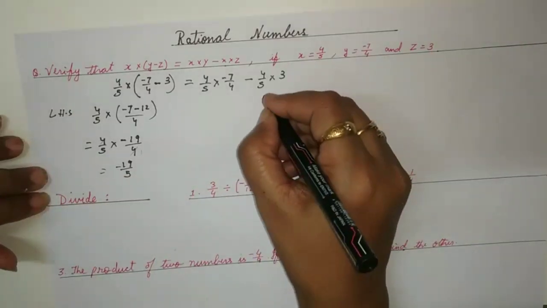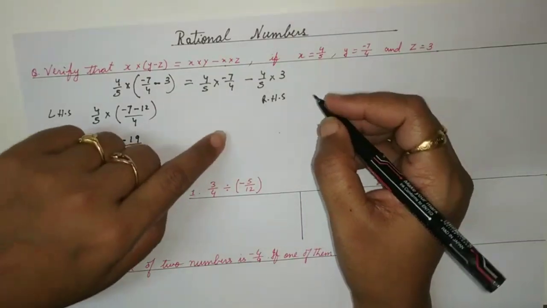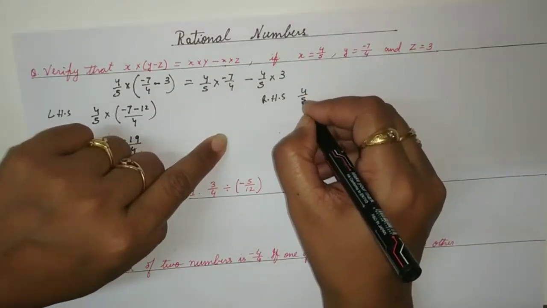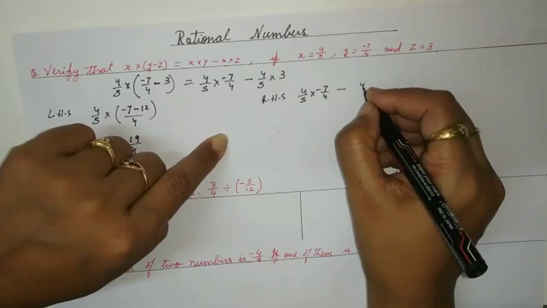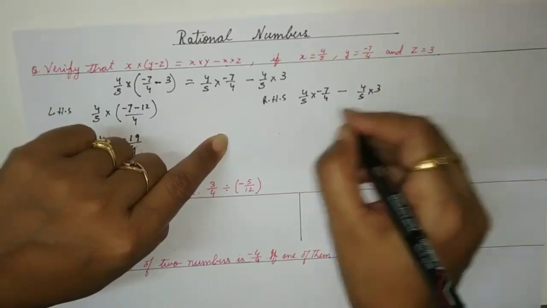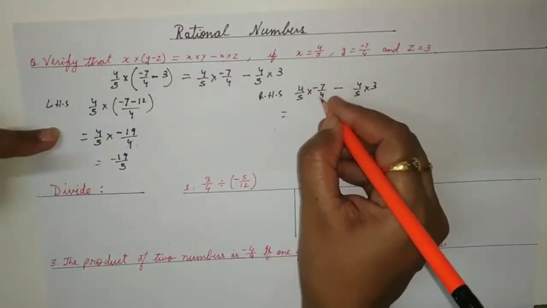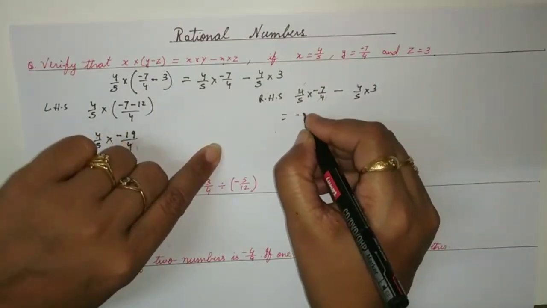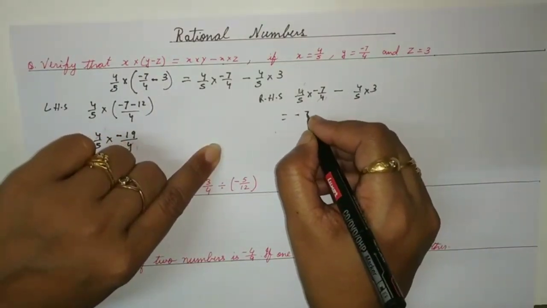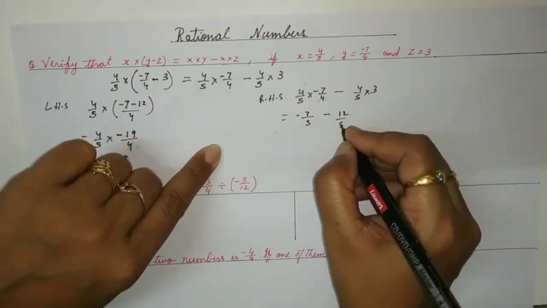Now if I have to do RHS, right hand side, the product is 4 by 5 into minus 7 by 4 minus 4 by 5 into 3. Again, the common number 4, 4 ones are 4, 4 ones are 4, gets cancelled, and your answer is minus 7 by 5 minus 12 by 5.